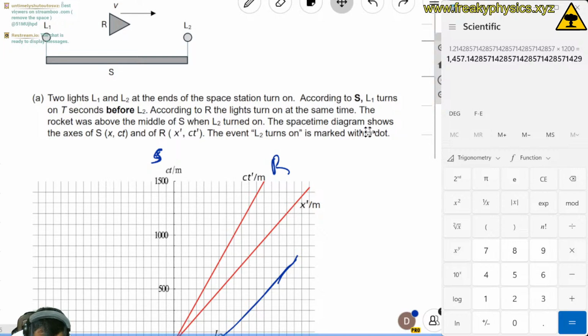L2 turns on is marked with the dot. According to R, the two lights turn on at the same time, and the rocket was above the middle of S prime when L2 is turned on.